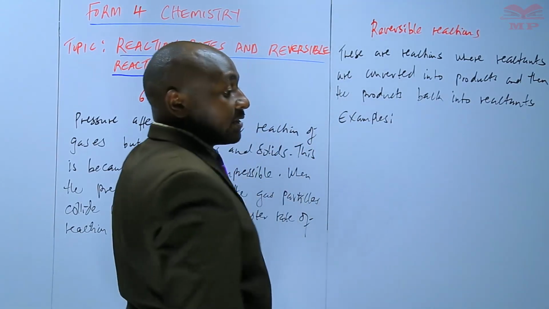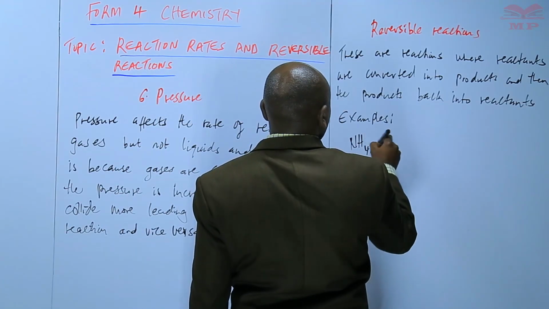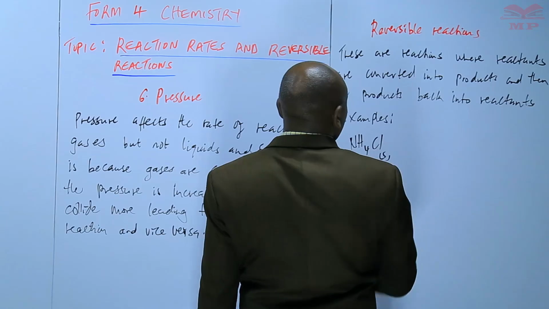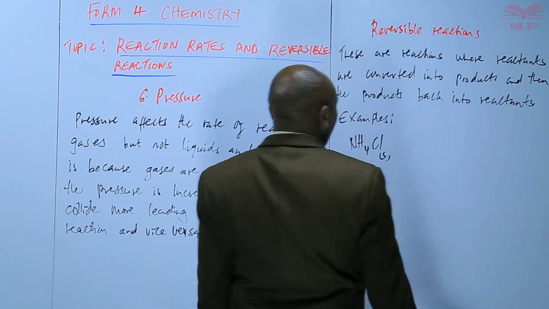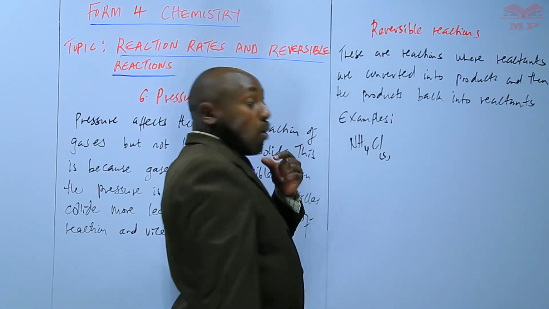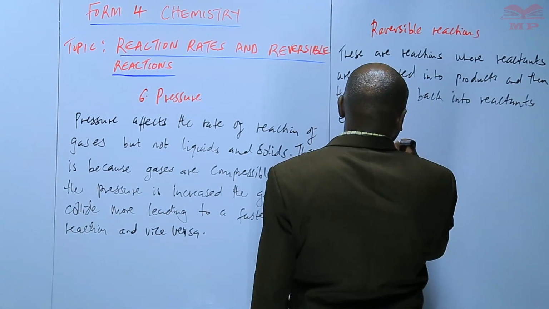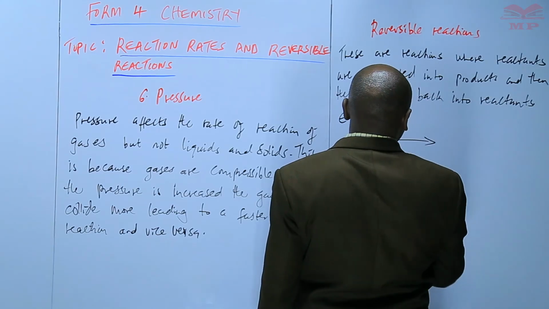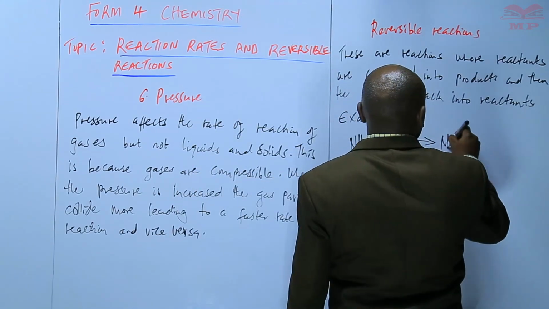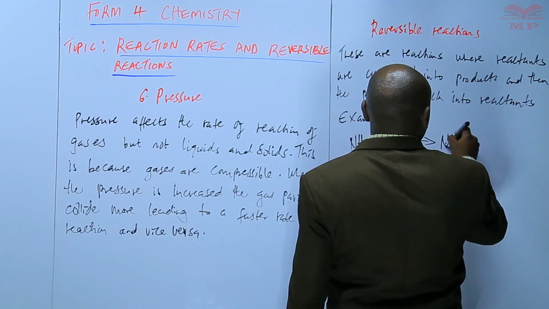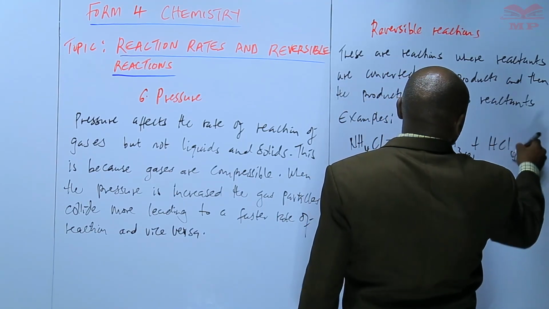One is that if you have ammonium chloride in solid form, and then you warm it, you'll find that this ammonium chloride will change into ammonia gas plus hydrogen chloride gas.